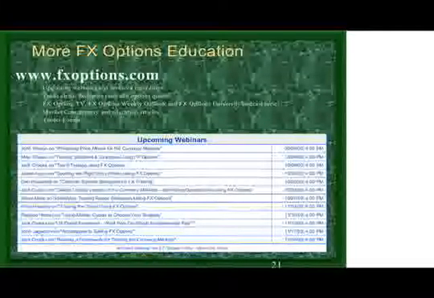So whether I'm day trading using the futures markets, swing trading and holding a position over the weekend, or looking for a position trade, I will utilize options.